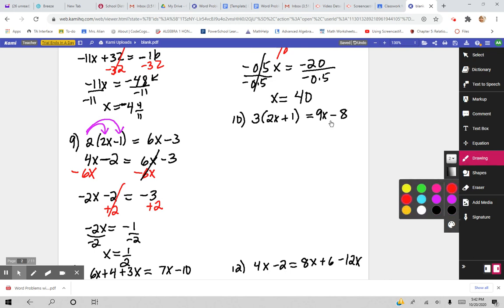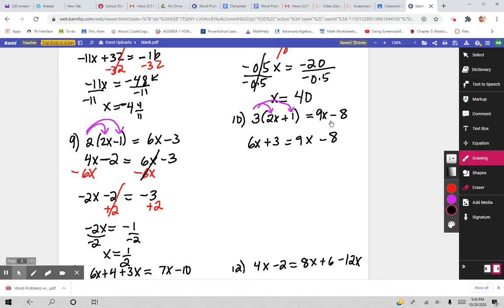Okay, let's look at the next one. We're going to distribute again. We have the distributive property. So this will give us 6x, 3 times 2x. We'll distribute the 3 to the 1. This will give us plus 3 equals, and copy the other side.